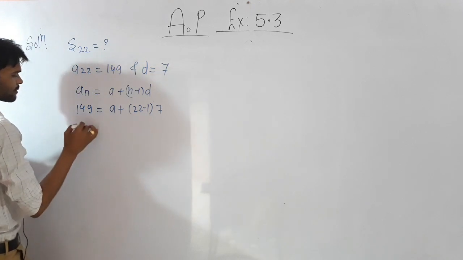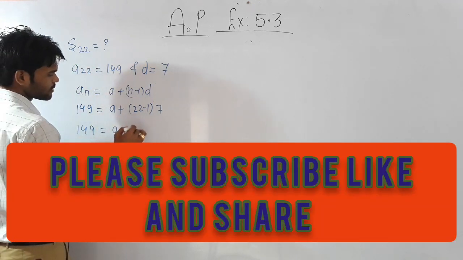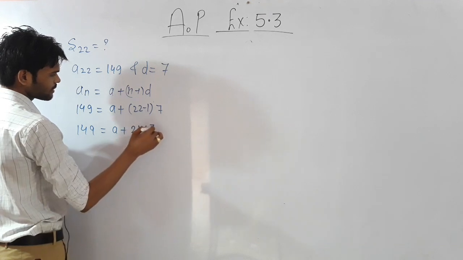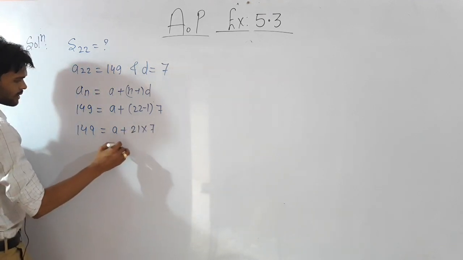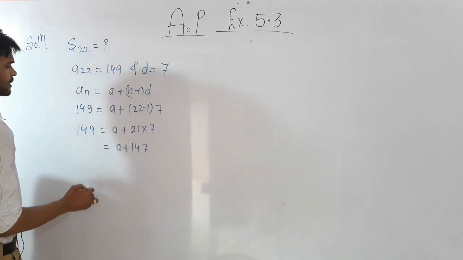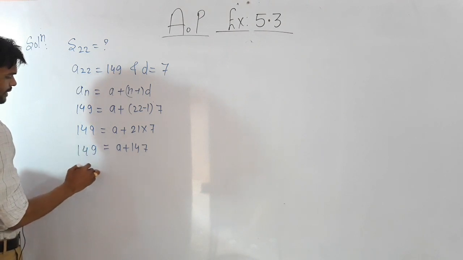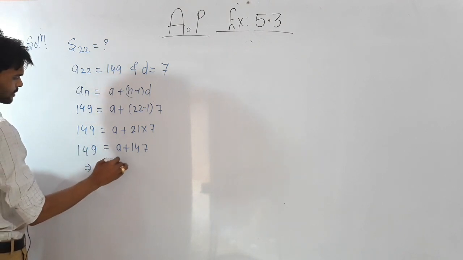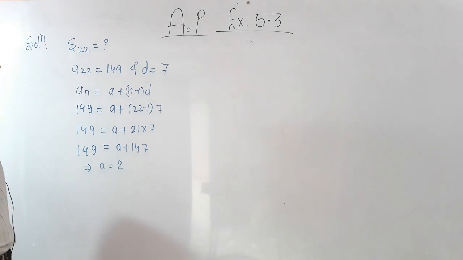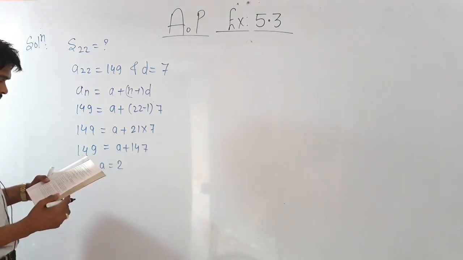So you may write it 149 is equals to a plus 21 into 7, and it may be a plus 147. Okay, so from here you can conclude a is equals to 2, as per question.